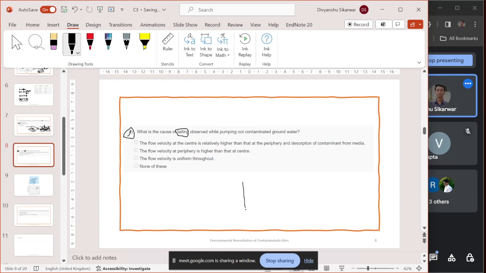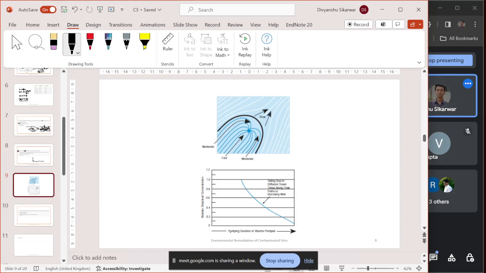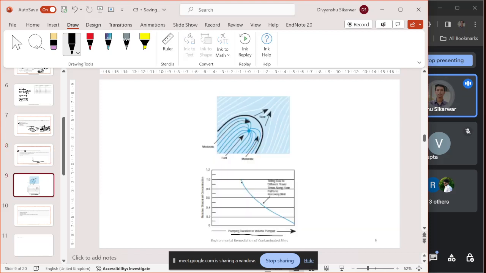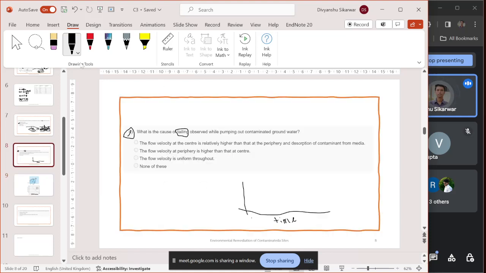There was a graph discussed in the lectures, where you have pumping duration, time, and concentration of contaminant, or relative concentration. So with the time when you are pumping out water, let me discuss from the start.